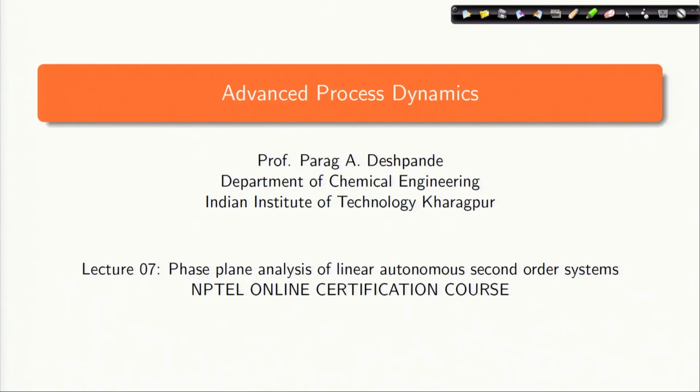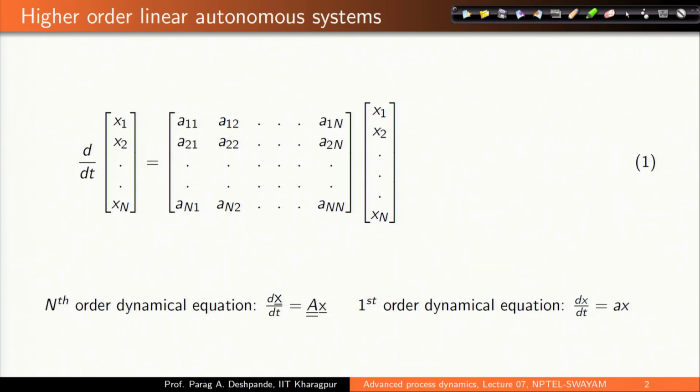So, we continue our discussion on higher order autonomous linear systems. In the previous lecture, we took a general nth order system and we said that an nth order system can be represented by a matrix equation, d by dt of the dynamical vector x is equal to the matrix A multiplied by the vector itself.